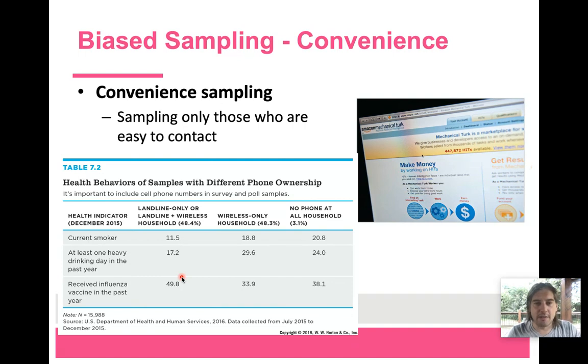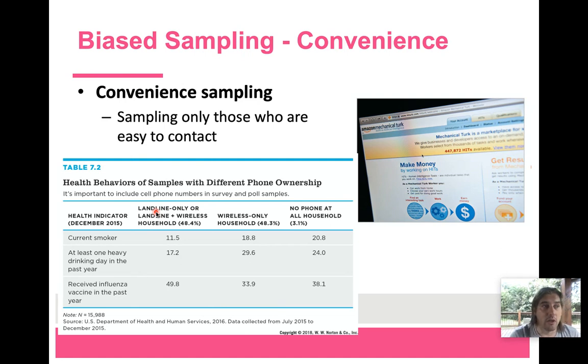So what that means is that, for example, if for convenience, we got a bunch of cell phone numbers from Verizon and we used that database of cell phone numbers to collect our data, it is going to systematically differ from had we called a landline.